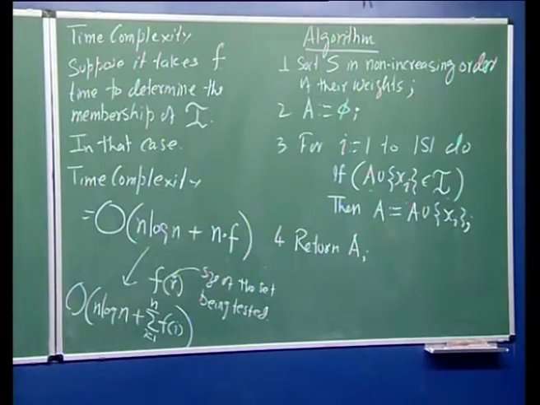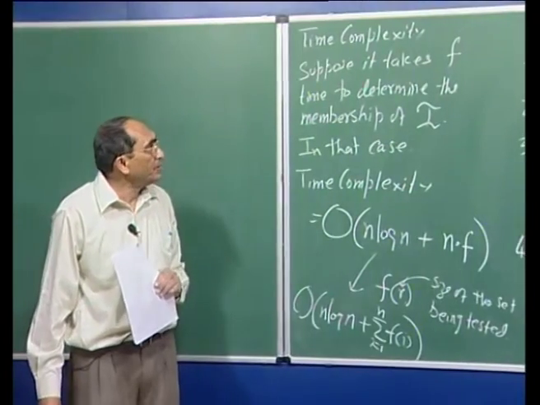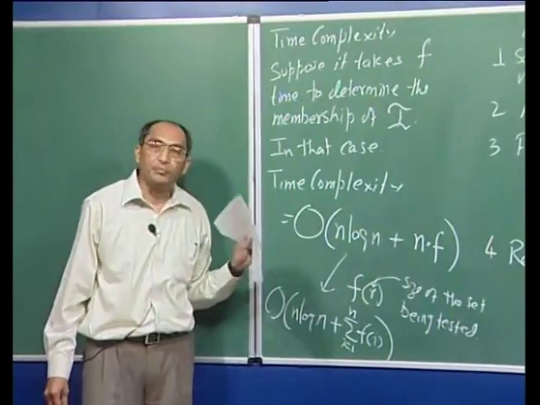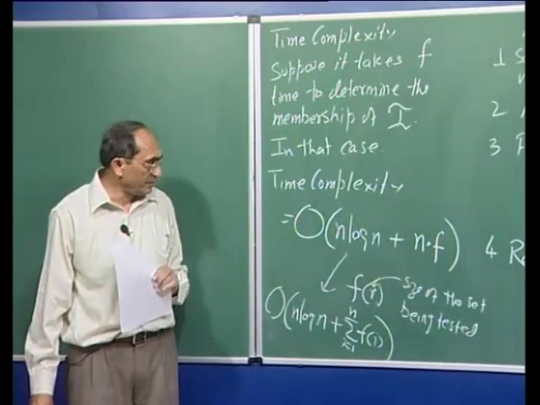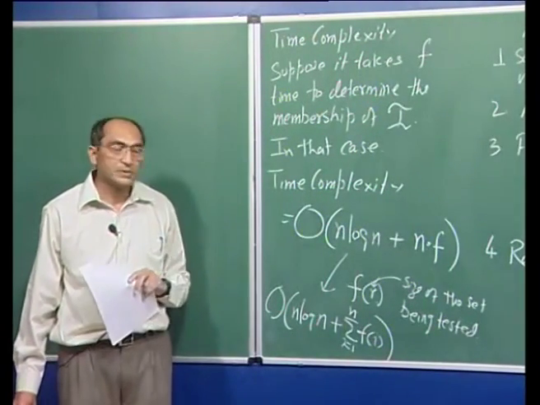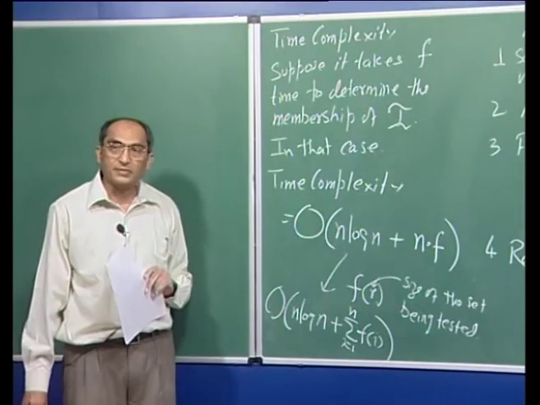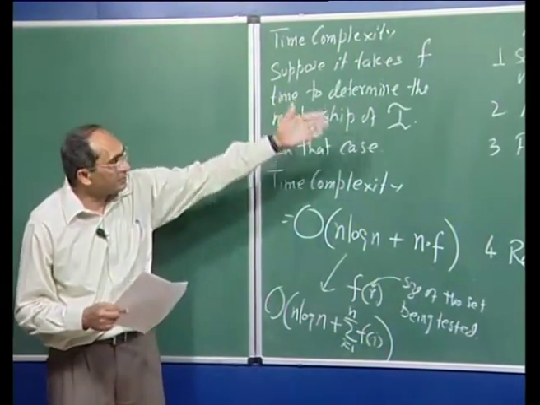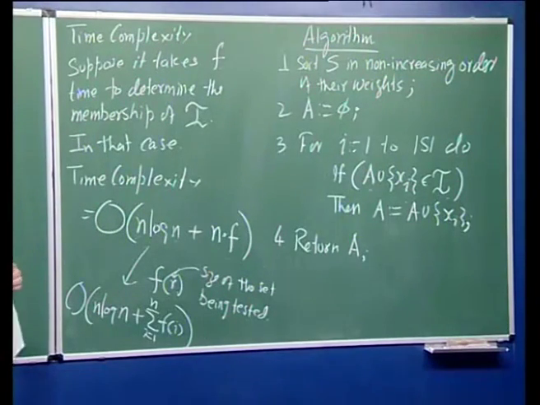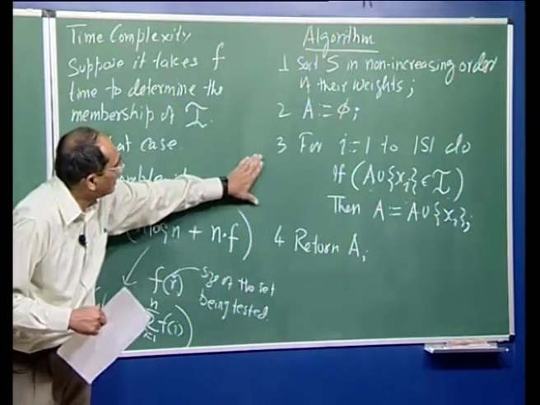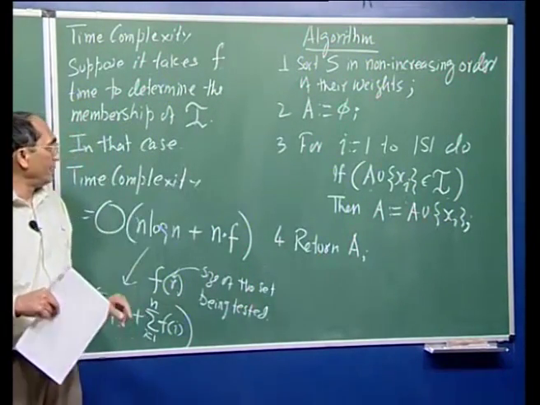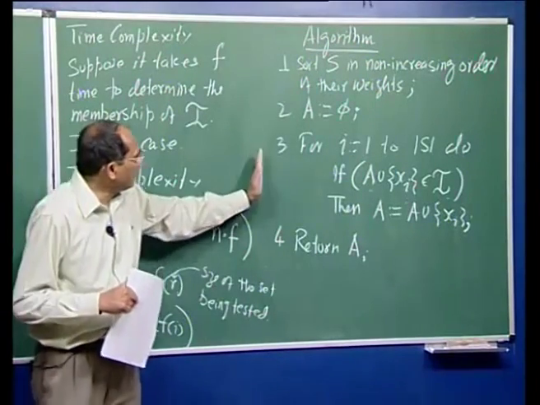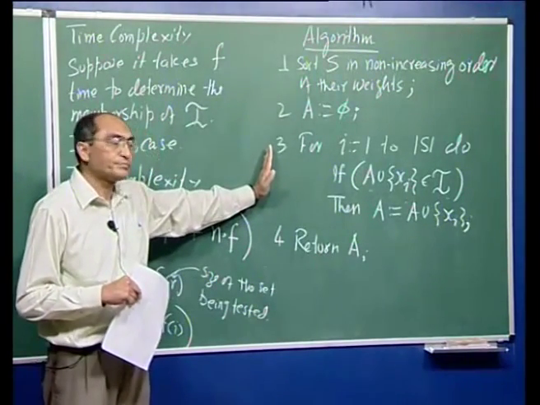Now, what we will do is we will discuss one application of this abstract structure in graph theory and show that this simple algorithm computes a desired object in that case. As one comment that I want to make about this algorithm is that this is a greedy algorithm.